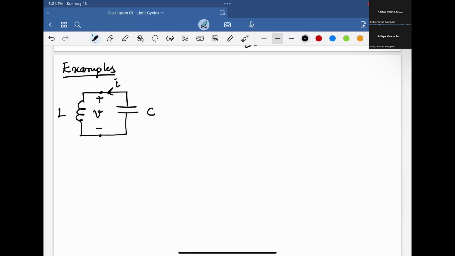So then we know that the equations for the capacitor are I equal to minus C dV by dt, because the current is going the other way.